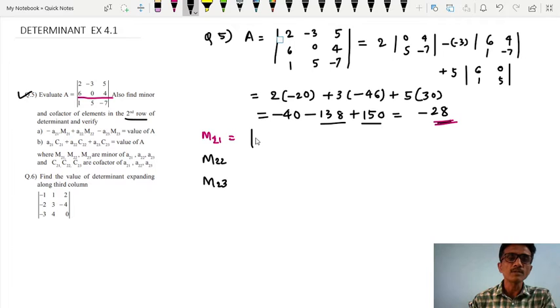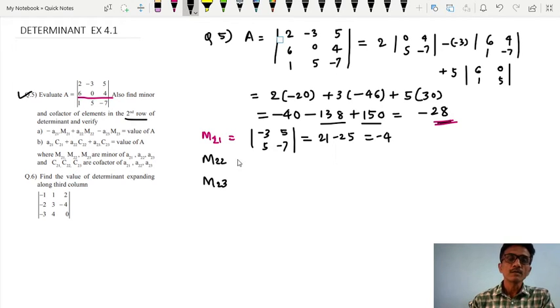So what is the value of this determinant? 21 minus 25, which is minus 4.